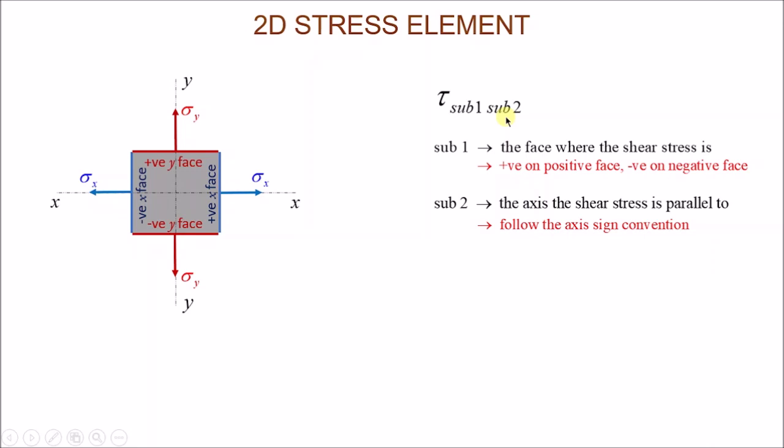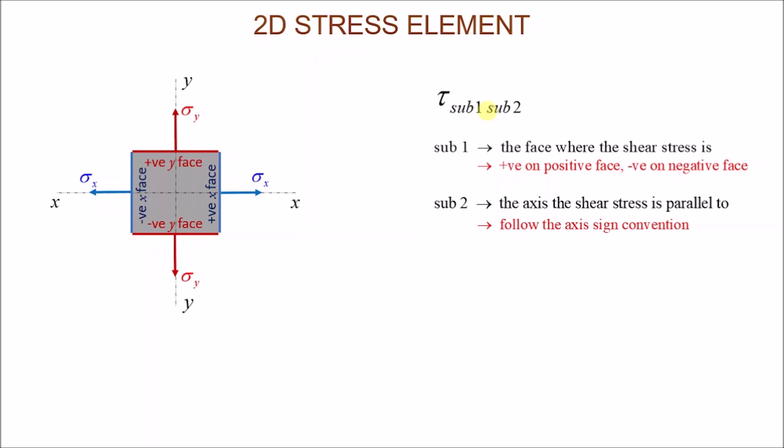But now, a word of caution: when we deal with the sign of these subscripts, we do not write them on the subscript, okay? You do not write minus x or minus y, or plus x or minus y, or maybe minus x and plus y. You don't write the signs on the subscript, but rather you multiply the signs together.